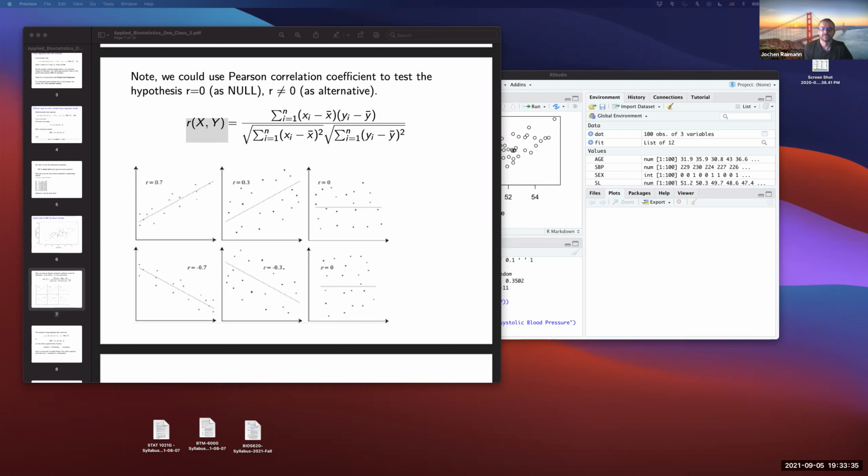Just a second. Just trying to find the right file, which is kind of, oh yeah, there we go.